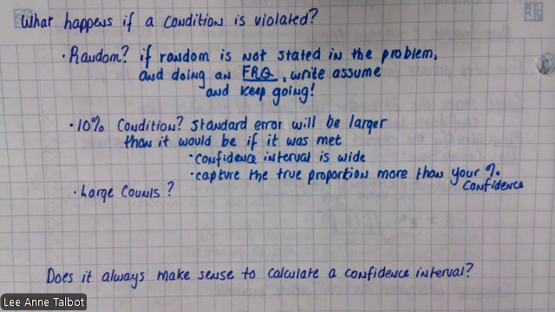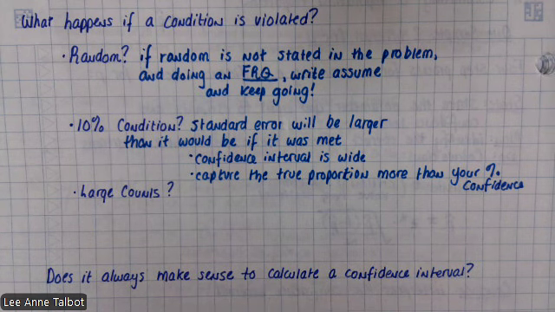And you would capture the true proportion more than your confidence level. So if you said 95%, you would actually be catching it more than 95%.